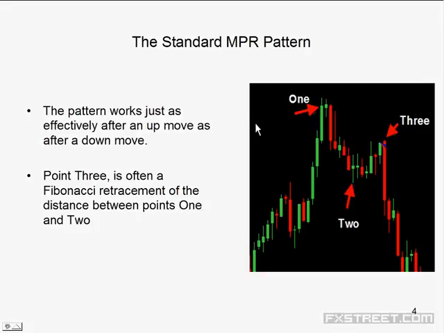It may well be some of the standard fibs, 38.2, 61.8, or indeed, I like the really deep ones that go through to 78.6 and 88.7. In this particular one, you can see the big red candle actually completely engulfed the preceding green. So there we are.